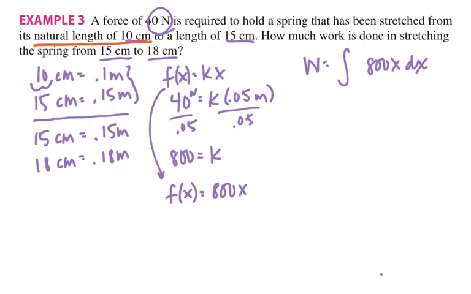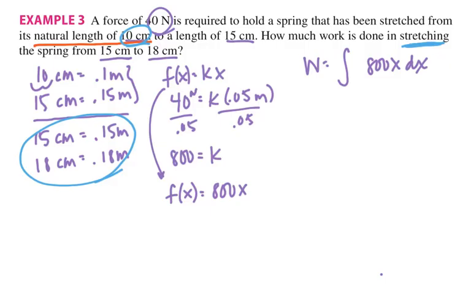Now let's talk about bounds. Some people want to throw in the 15 and the 18 centimeters and just put 0.15 and 0.18. But you have to think about the fact that we're stretching the spring. We're not just pulling it the whole 0.15 meters. We started out at 10 centimeters, so we're not pulling it the whole 15 centimeters, we're only pulling it 5.